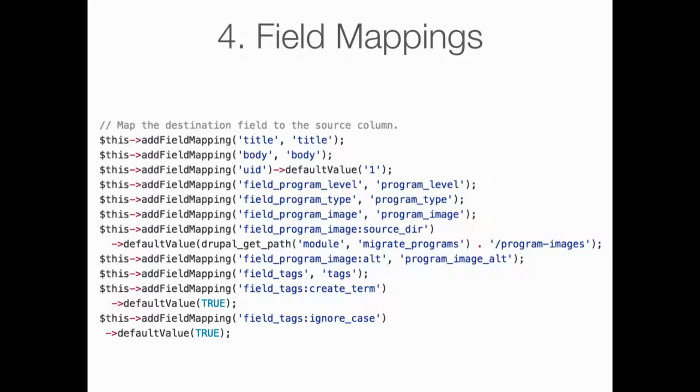Where would you find the machine name? So source dir is a machine name. How would you find that if you didn't know what it was called? Good question. So yeah, the machine name is field program image, but then how do you know what the name of this property is? That's a great question. How would you know? There's some documentation, right? Yeah.